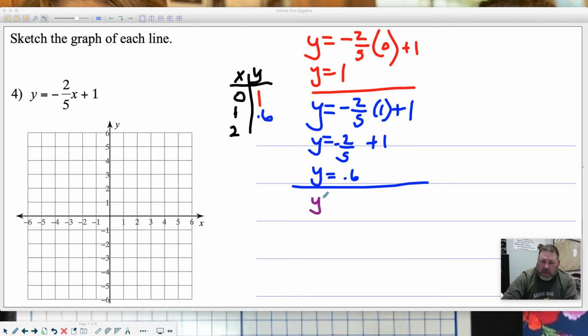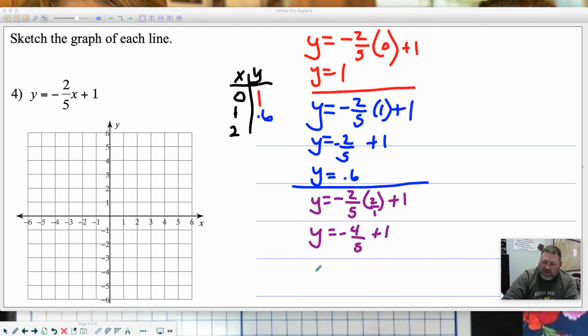And then for Y, plugging in our 2: negative 2 fifths times 2 plus 1. So Y equals, and remember now, we're multiplying, so we're going to put a 1 underneath this, and that's going to give me negative 4 fifths plus 1.